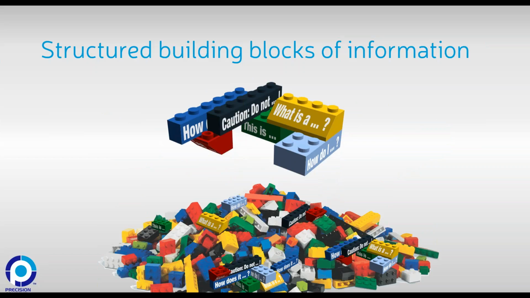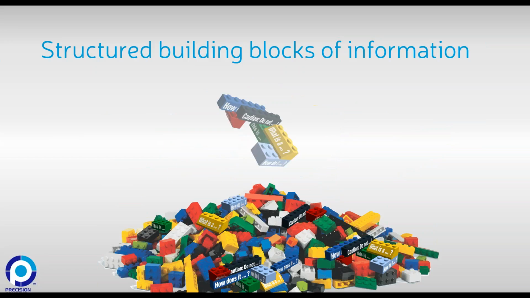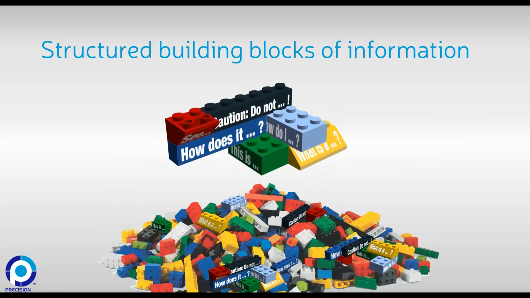So we can create one set of information from the same set of blocks. Of course, we can create other configurations with the same types of blocks, organized in different ways, or including more or fewer blocks, for information delivery that is modular and derived from a single source.